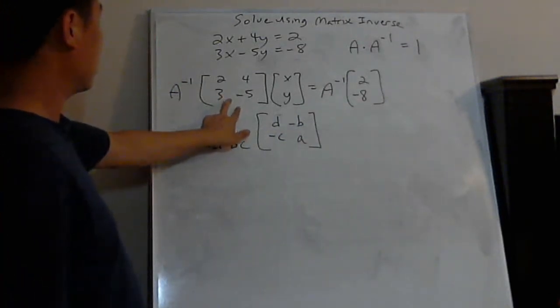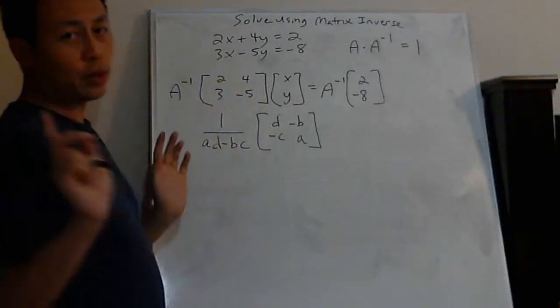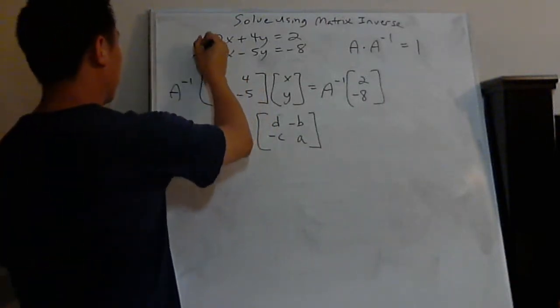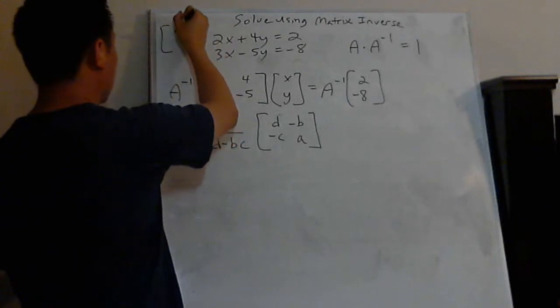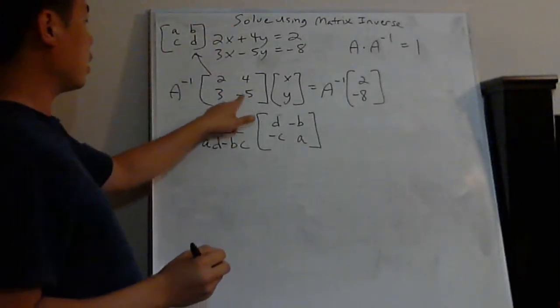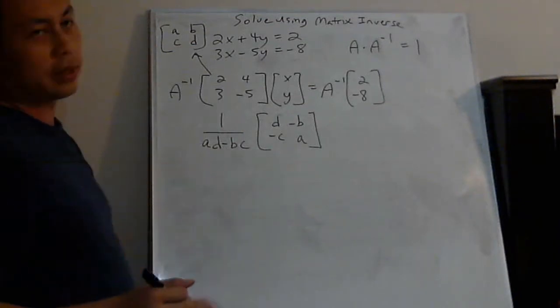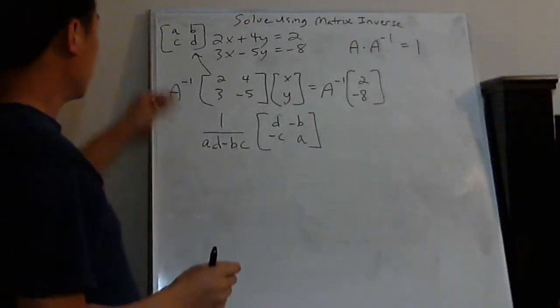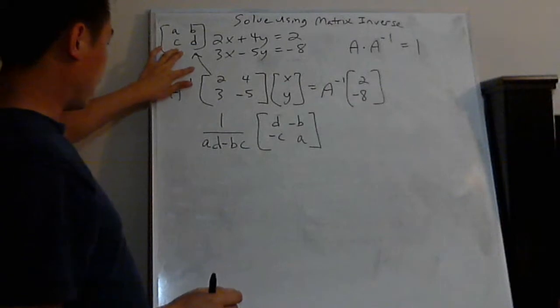Basically, this is in this format. This only works for 2 by 2 matrices, by the way. This is considered A, B, C, D, and you can actually derive this. I'm going to make a video showing you where this formula comes from.